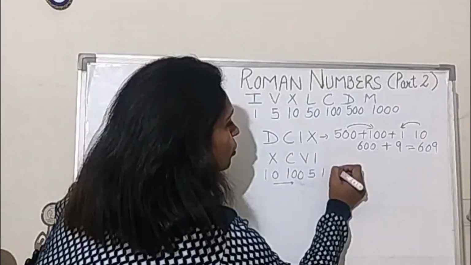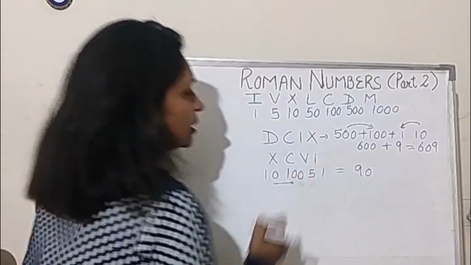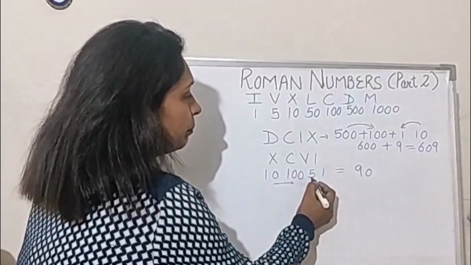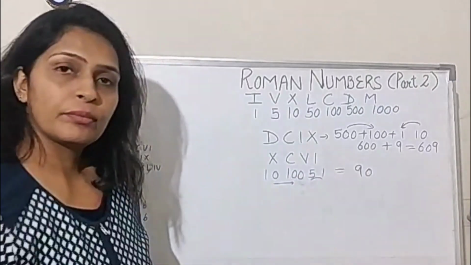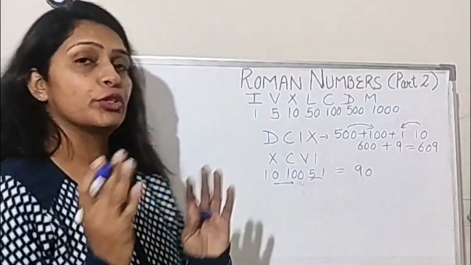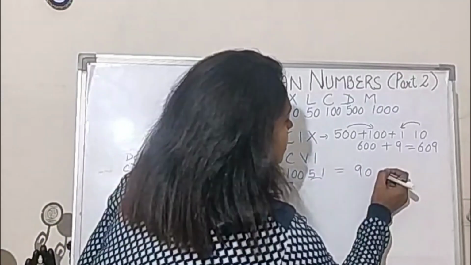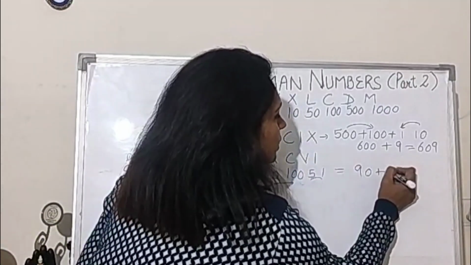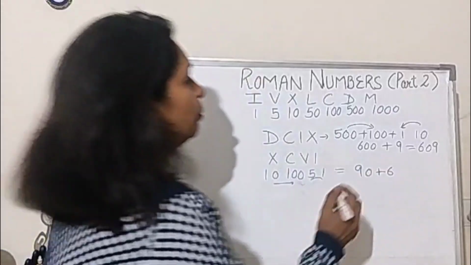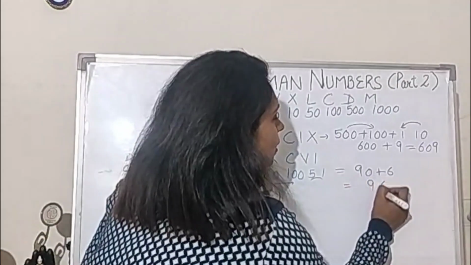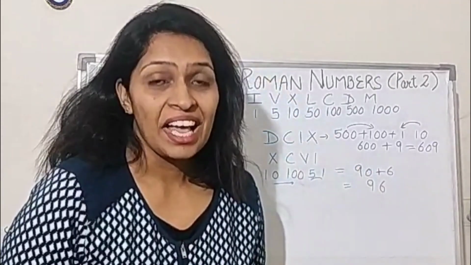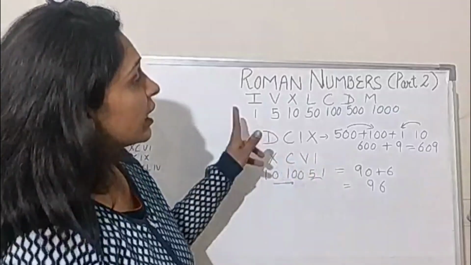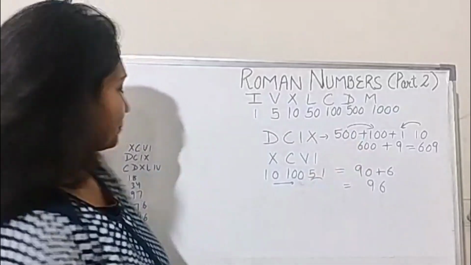So that we're going to do 90. And further, big to small. Big to small, that's going to be added. The number is 5 plus 1, 6. And the final result would be 90 plus 6, 96. I hope you are able to understand the concept here.